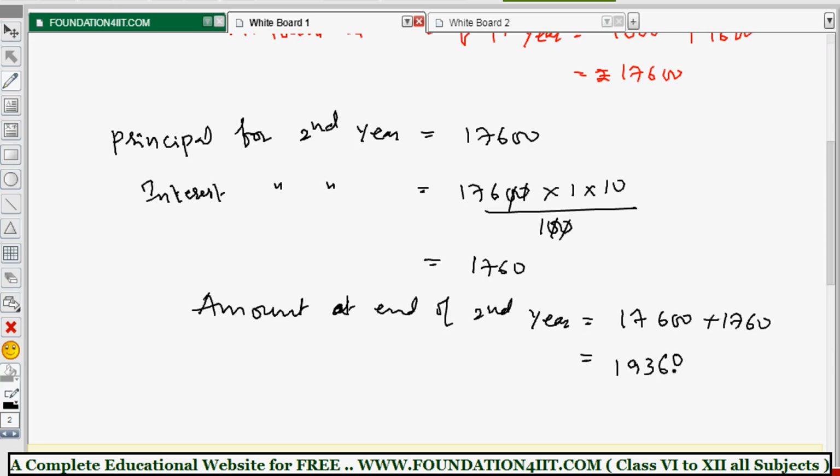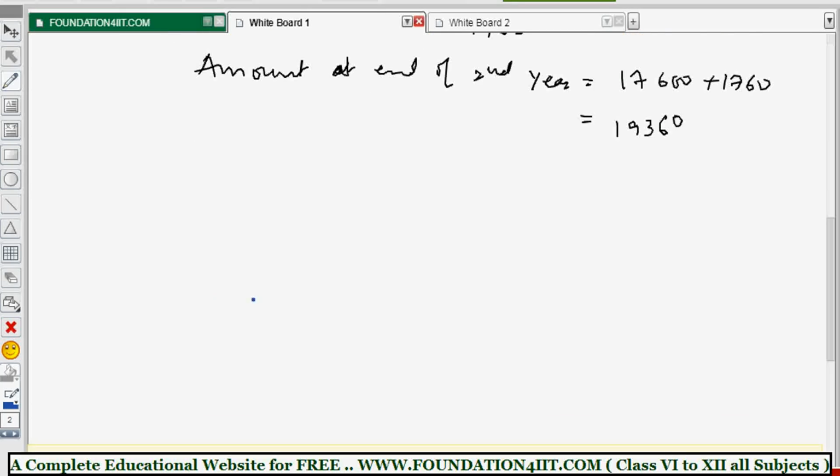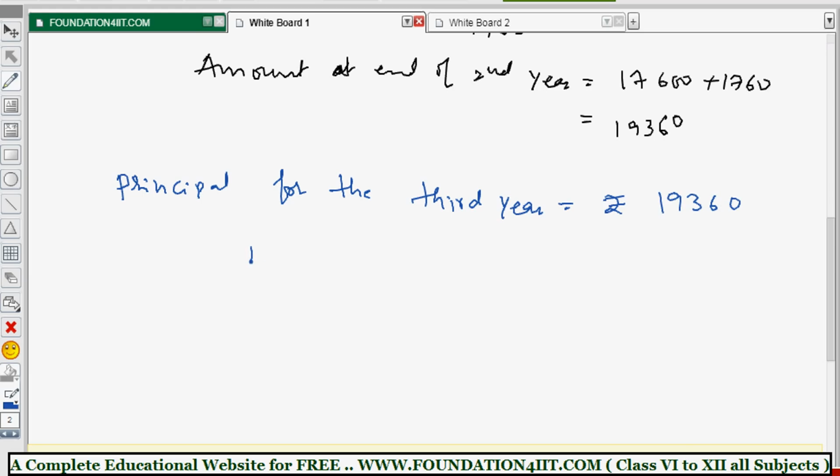Now this is the amount at the end of the second year, right? Now this amount becomes principal for the third year. Therefore, principal for the third year is nothing but the end of second year amount, that is rupees 19,360. Then you'll find out the interest.